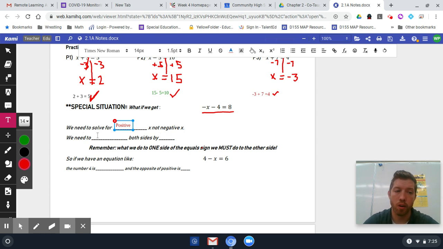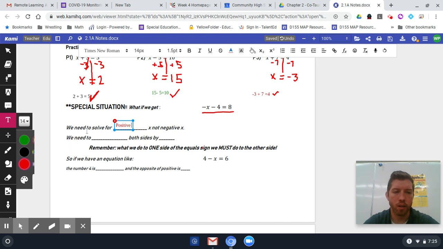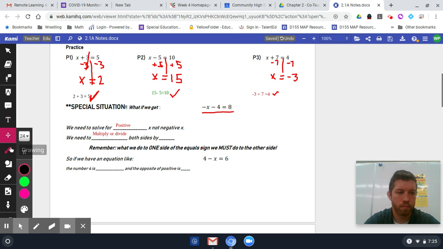So we need to either multiply or divide both sides by -1. You can do it both ways.